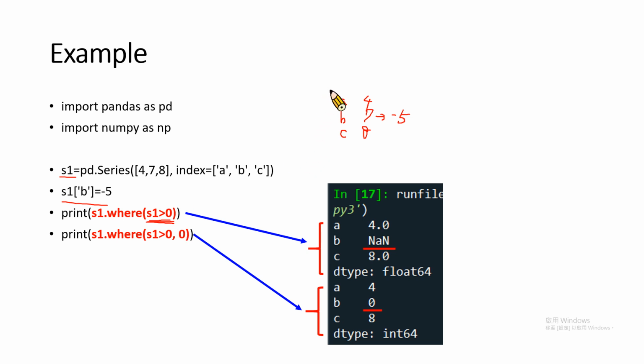So this is the series, and you test the elements in the series to see if they are greater than 0. The condition test will be true, this will be false, and this will be true. And where will replace the value when the condition is false.